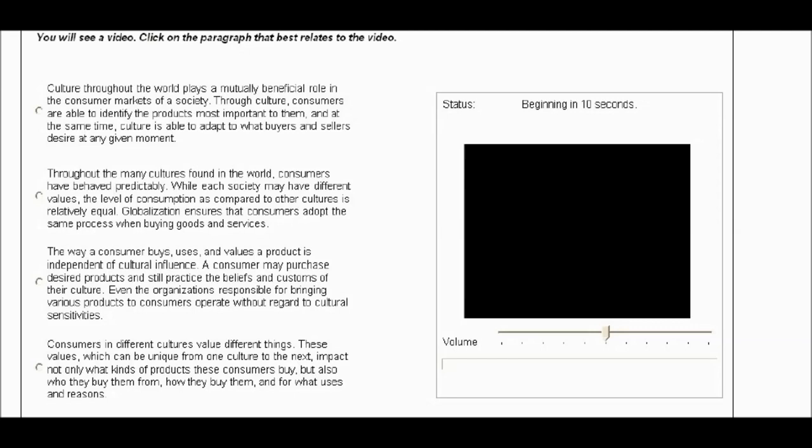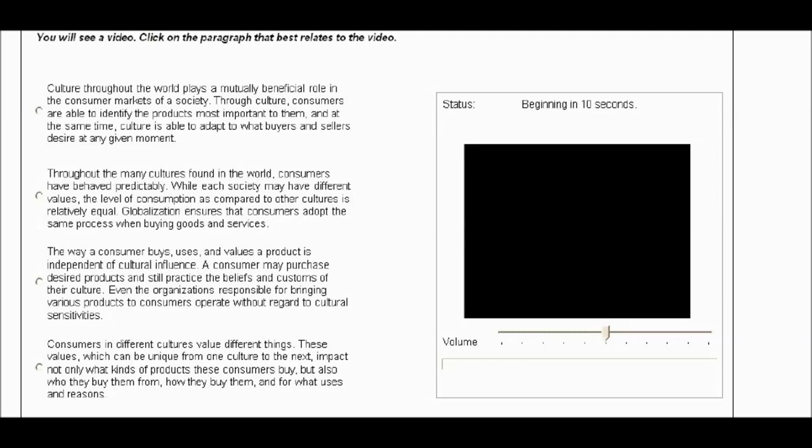It depends on the culture and the place they belong to, and they even buy from some particular organization or some particular place. So that is a summary of this lecture. It all depends on the society where they live, the place, the culture, such kind of things. That is what the summary is all about.